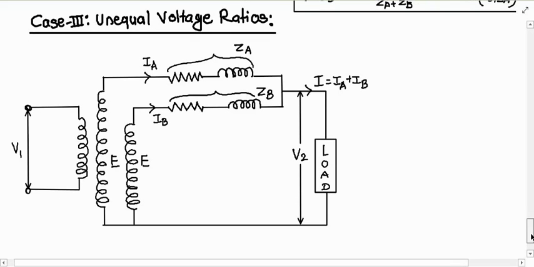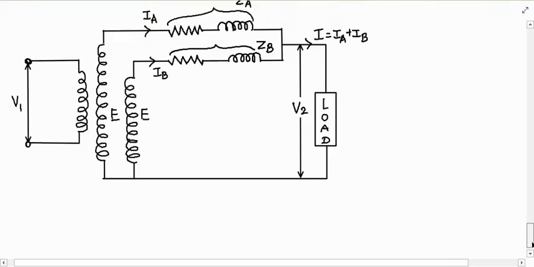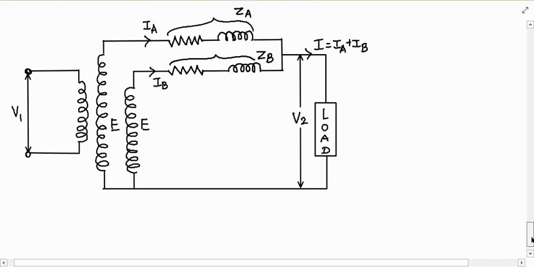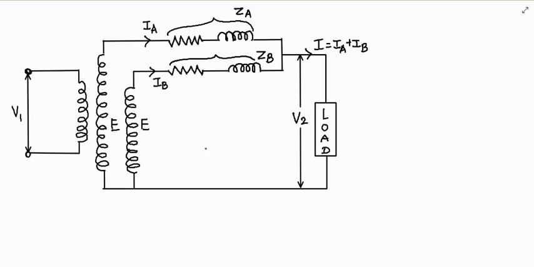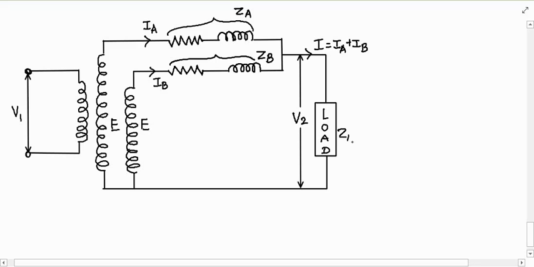Before drawing it, let EA and EB be the no load secondary EMFs of transformer A and transformer B respectively, and ZL the load impedance across the secondary. We can draw the equivalent circuit and the vector diagram.